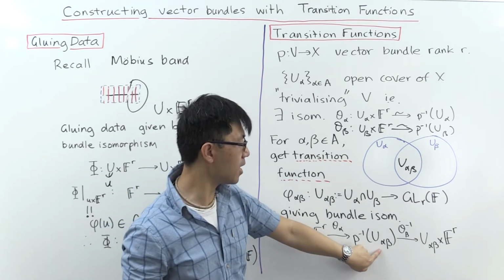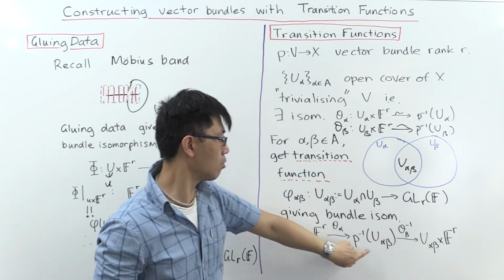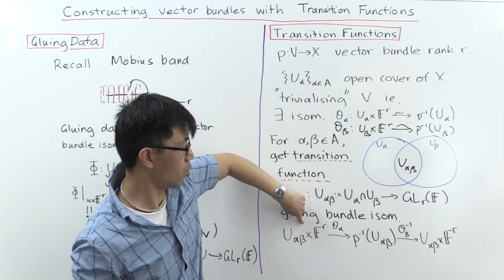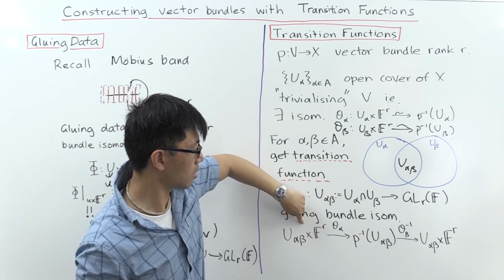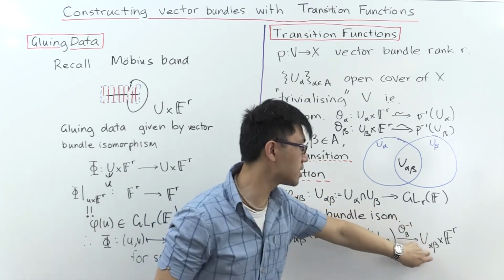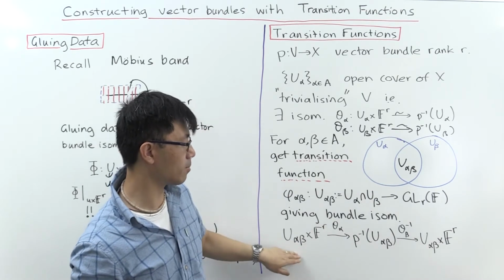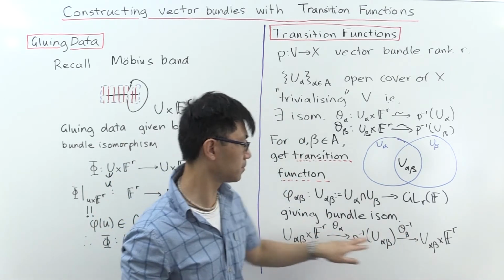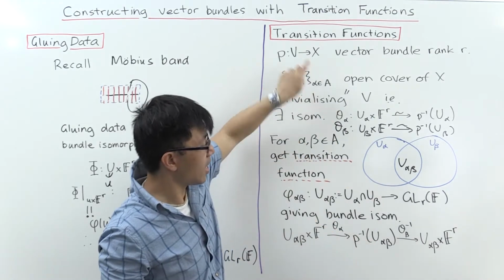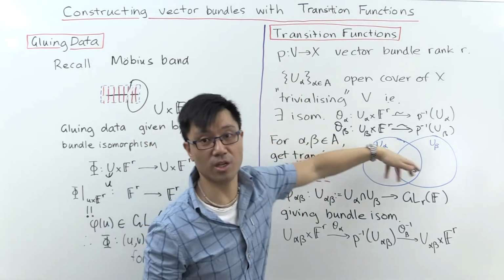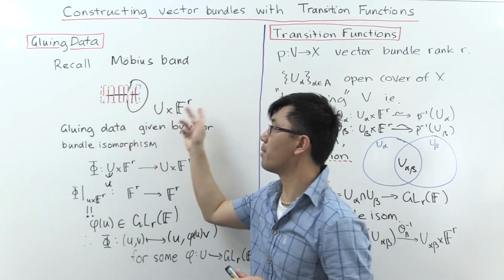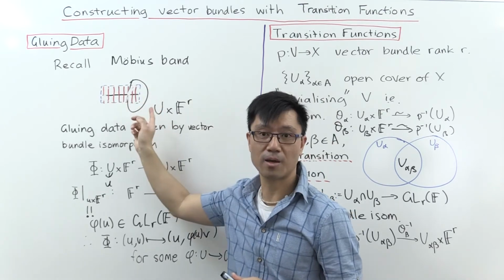So each point here tells you how to write it in these coordinates, this trivial vector bundle, using theta alpha, and using the other one, you use this one. So basically, if you want to glue this trivial vector bundle to this trivial vector bundle, to recover the original vector bundle V here, this is the data that you need. This is the gluing data that you need, just as we constructed this Mobius band by gluing two strips together.